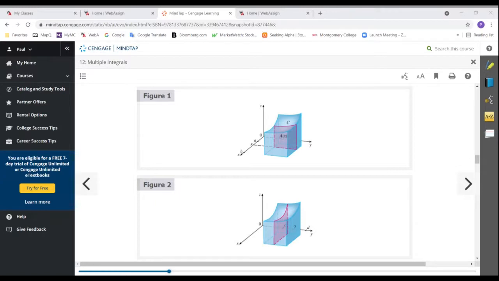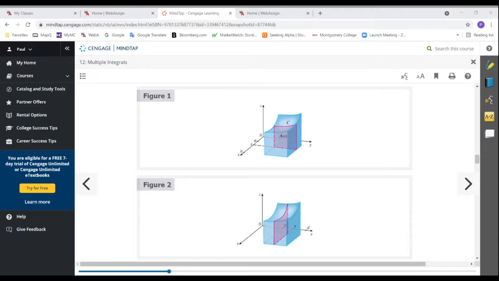What they've done is take a cross section, and the cross section is a function of x. They call it A of x.